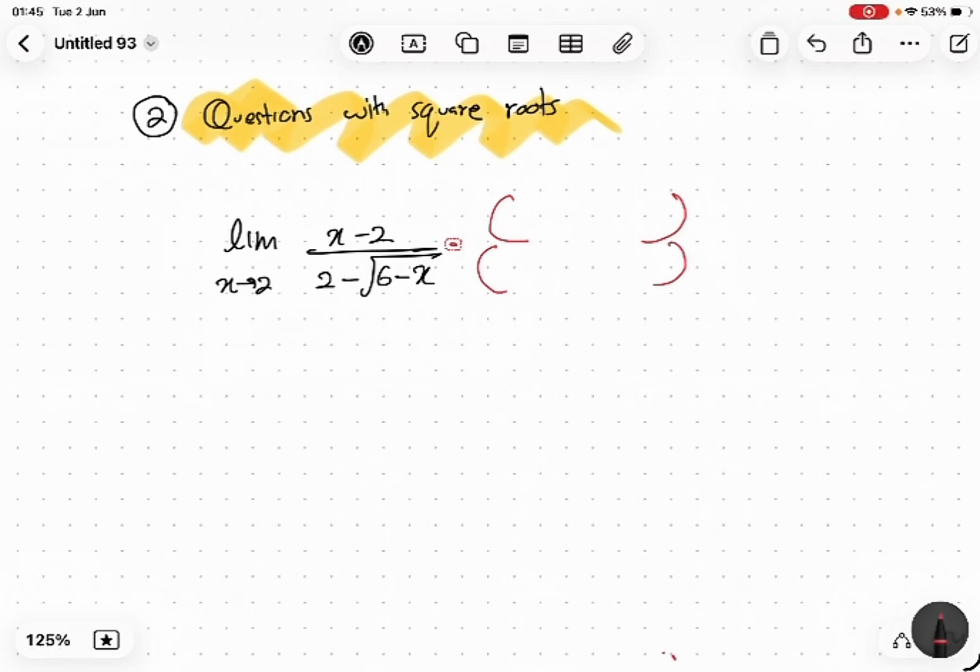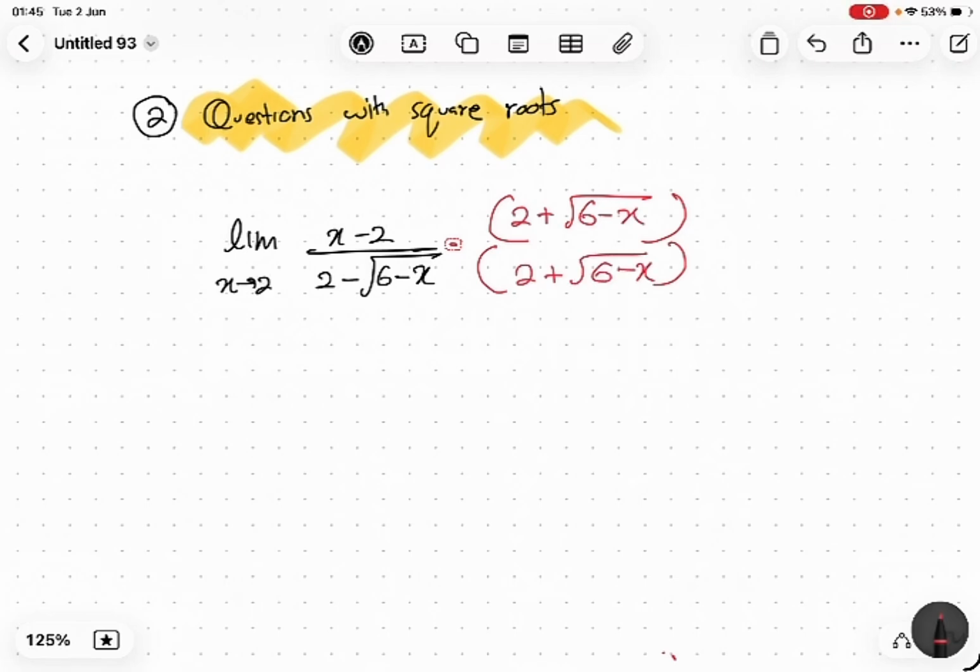Clear? Solving problems related to square roots, what is our first step? We multiply both denominator and numerator by the conjugate of the line that has the roots. So this is 2 plus root 6 minus x.